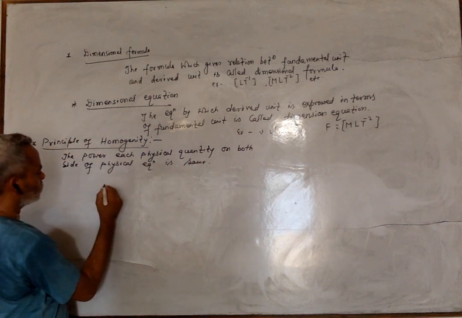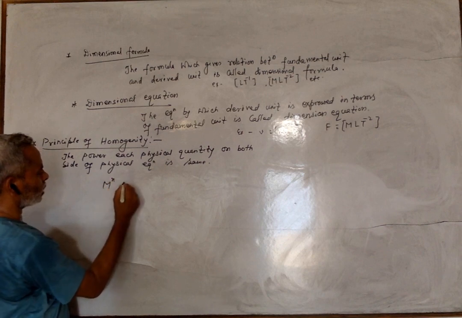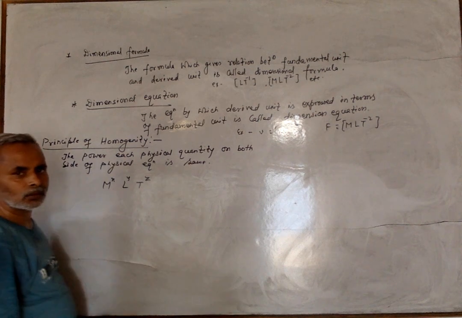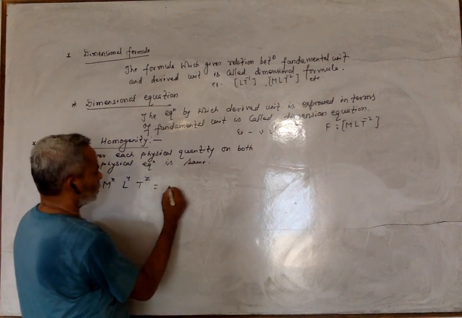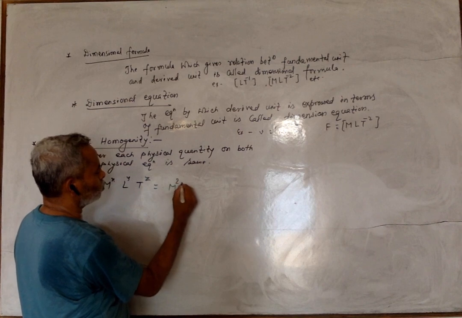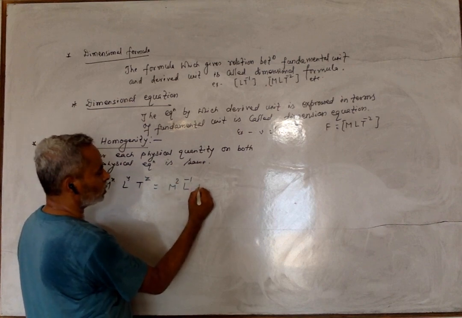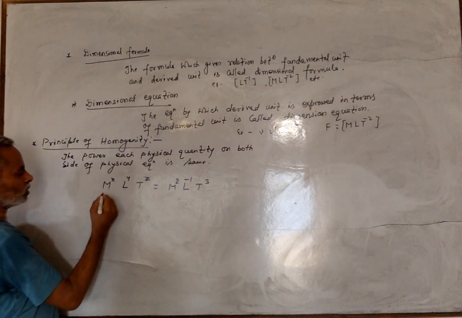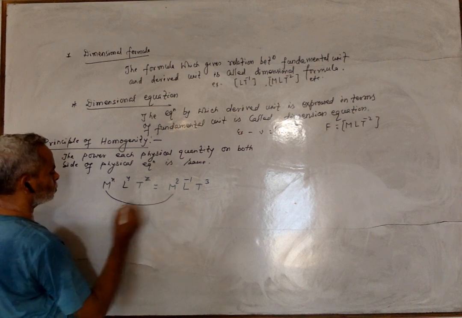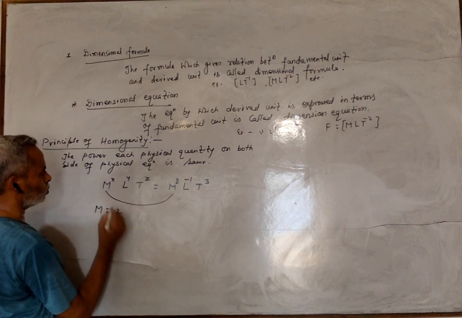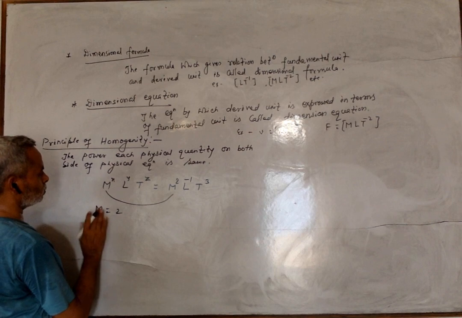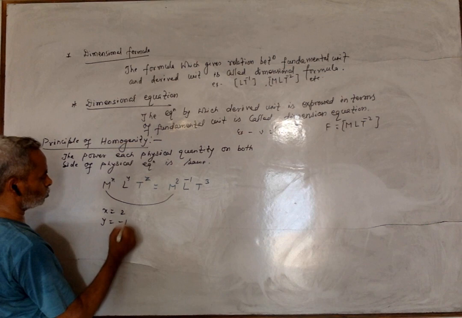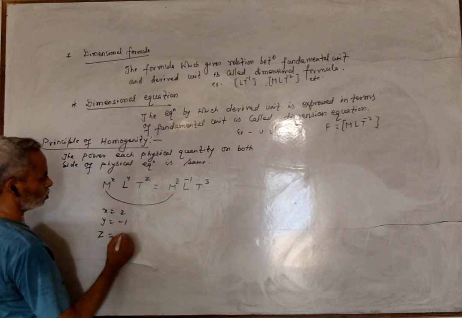For example, LHS is M to the power x, L to the power y, T to the power z, and RHS is M to the power 2, L to the power minus 1, T to the power 3. Then comparing each physical quantity, mass to mass, we get x equal to 2, y equal to minus 1, z equal to 3.